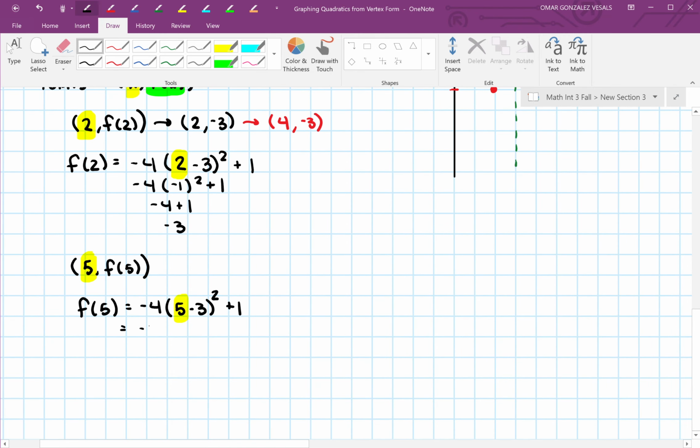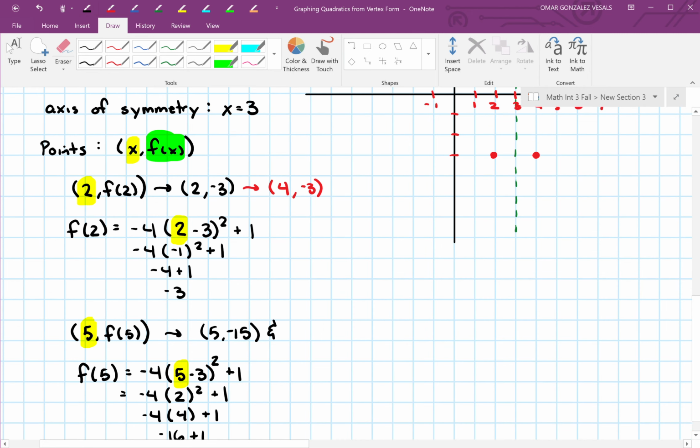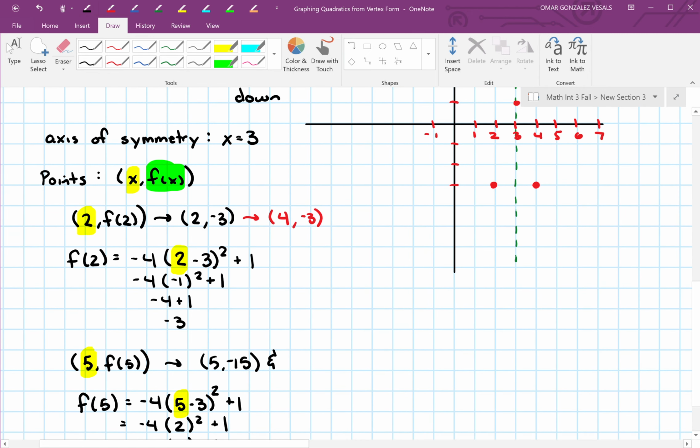So it's going to be -4 times 2 squared plus 1. 2 squared is 4. -4 times 4 plus 1, and that's -16 plus 1, which is what? -15. So we found the coordinate (5, -15), but by finding that, we also found what? (1, -15).